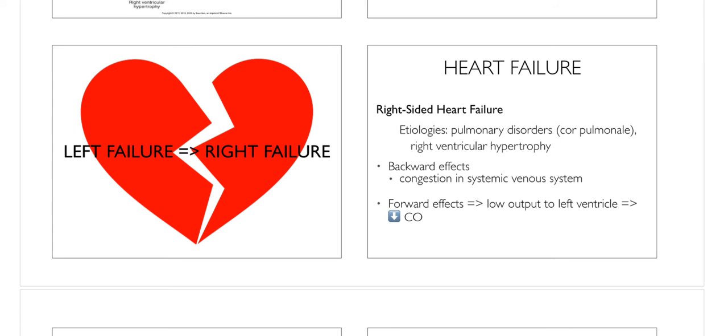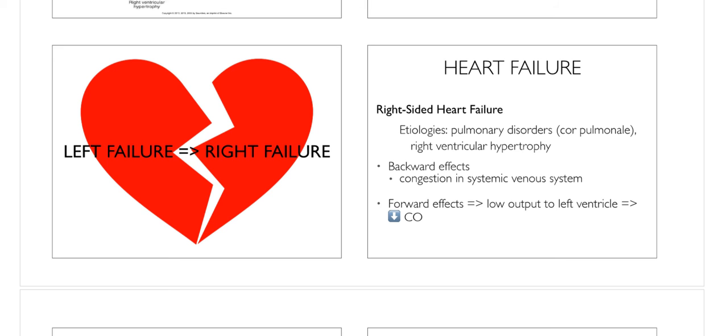COPD, emphysema, chronic bronchitis, cystic fibrosis. There are a number of pulmonary diseases that can lead to increased pulmonary pressure, just in general, increased blood pressure within the lungs.